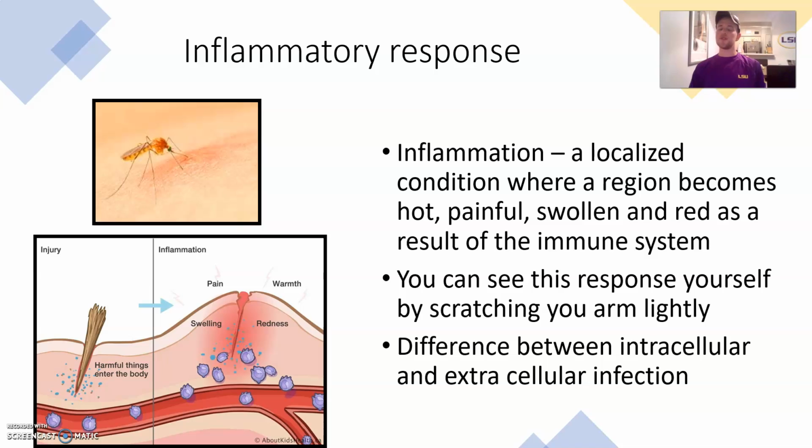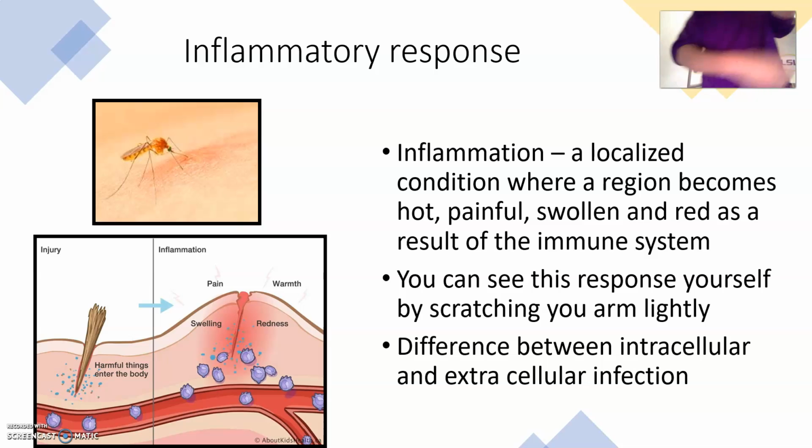Other injuries too, and what's cool is this is a little experiment you can do at home. If you take your arm and you take a little pin cap like this, and then you just lightly scratch along your skin, what you can see is that your skin will at first turn kind of white.